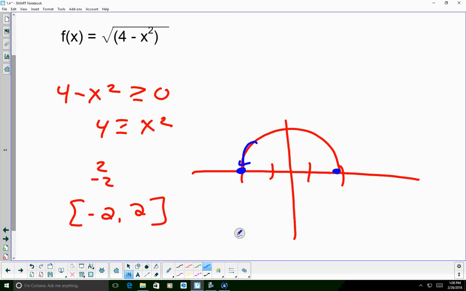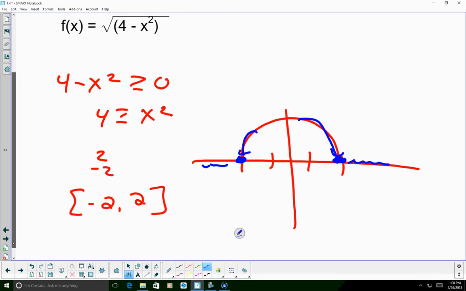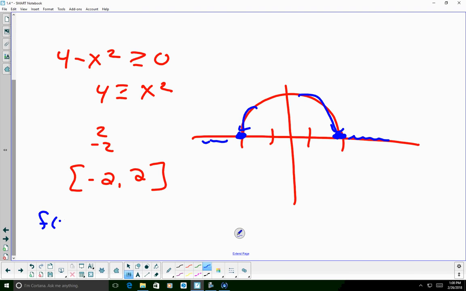But I can't find the limit of f of x approaching -2 from the left because there's nothing there. I can't find the limit as x approaches 2 from the right, because again, there's nothing there. But I can say that this function is continuous. f of x is continuous on the closed interval of -2 to 2.